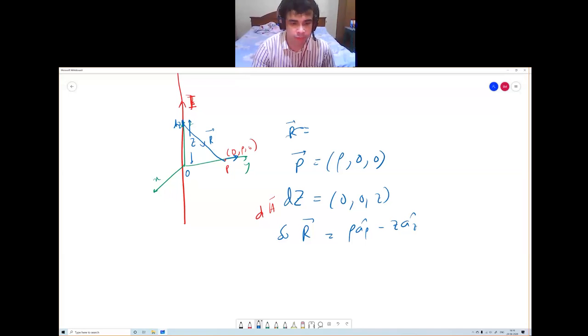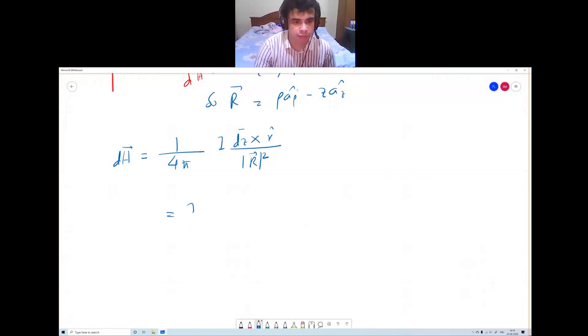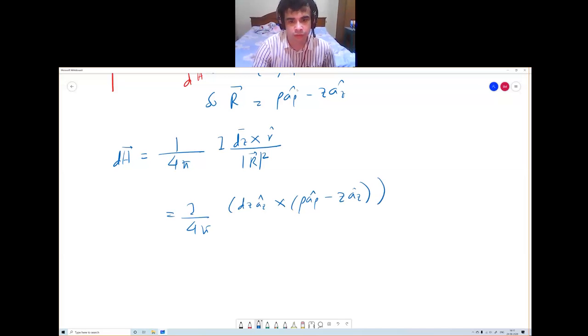As per Biot-Savart law, dH equals 1 by 4 pi I dz cross r by r square, or I by 4 pi dz cross r. dz is equal to dz az cross rho a rho minus z az, over r square.